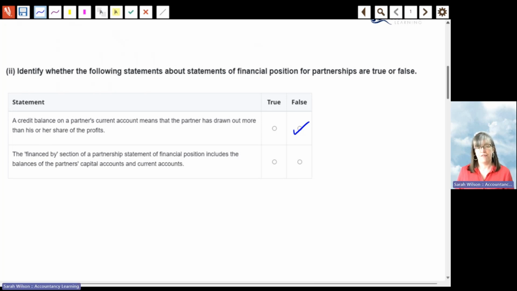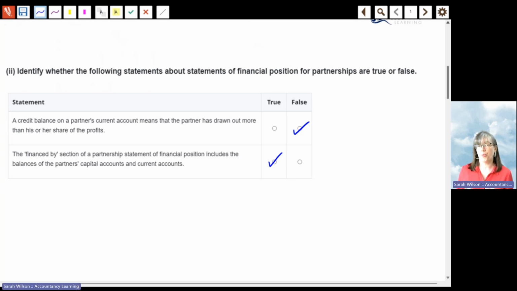The second one then, the financed by section of a partnership statement of financial position includes the balances of the partner's capital account and current accounts. So the answer to this is true, and that's because the current accounts are the day-to-day transactions that affect the financing of the business.